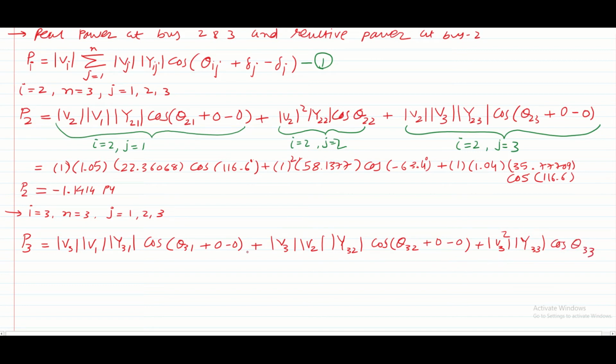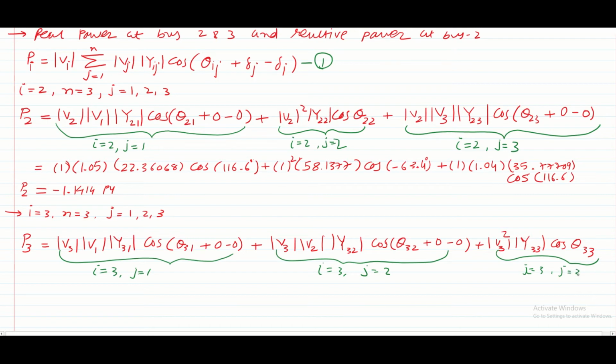After substituting all the values of V3, V1, Y31, theta 31, V3, V2, you can get this equation after considering I equal to 3 with J equal to 1, 2 and 3.